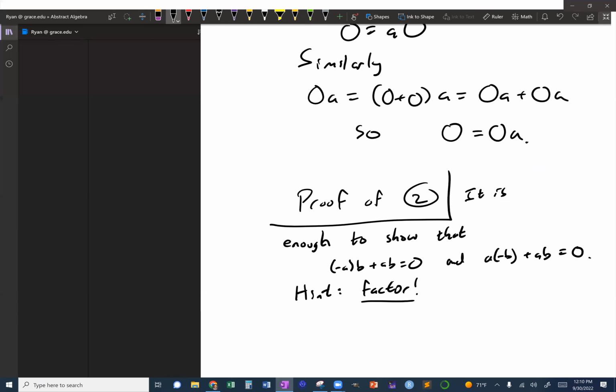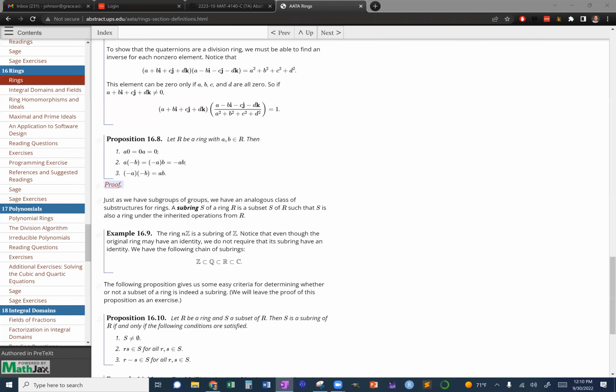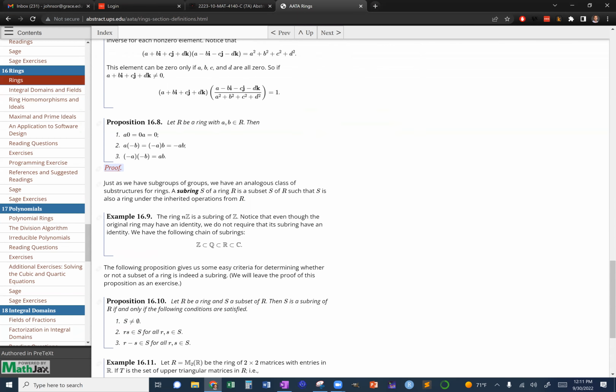All right. So then rings, subrings. Okay. So a subring is a subset that is a ring in its own right.